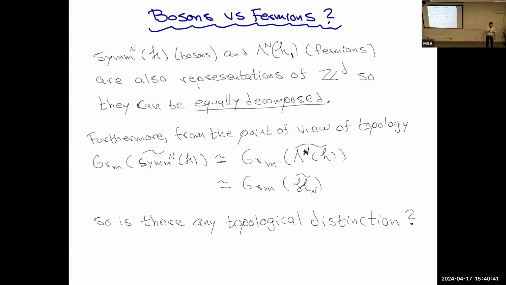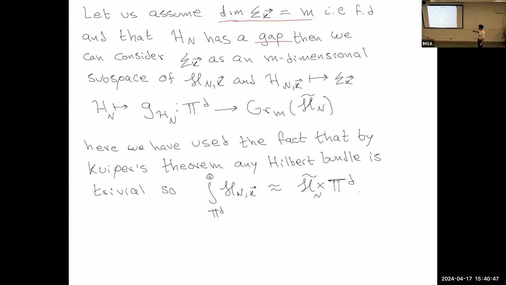There the compact open topology is a natural one. Sorry? There the compact open topology is a natural one. You mean for Kuiper's theorem? Actually, there's a discussion that I found, which is very interesting. So you're talking that Atiyah and Segal, when they discuss twisted K theory, they worry about using compact open topology, right?